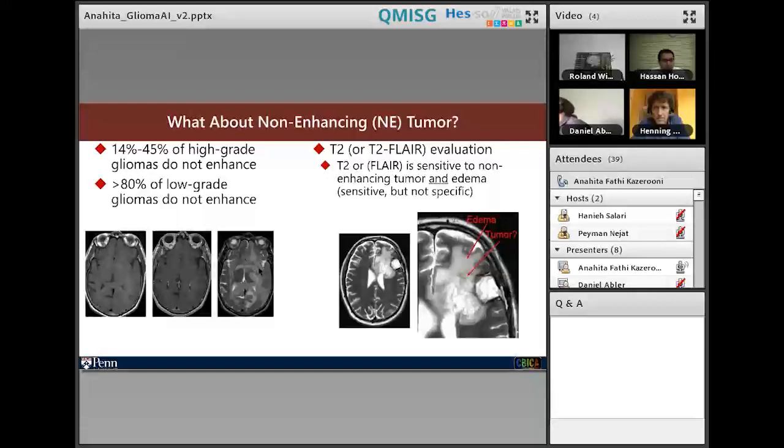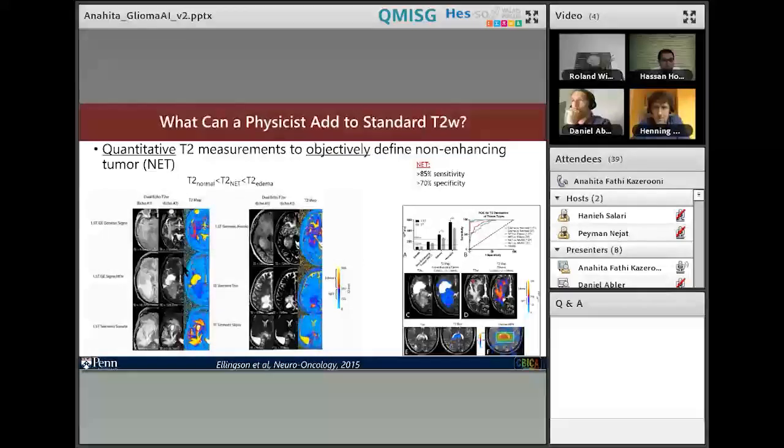Even when T2 or T2 FLAIR is evaluated, we can see that it is sensitive to non-enhancing tumor and edema, but it is not specific. We cannot distinguish the non-enhancing tumor from the edema region or even from the active tumor region. So what can a physicist add? A physicist could set up a protocol for T2 relaxometry or T2 mapping, which can objectively show non-enhancing tumor.